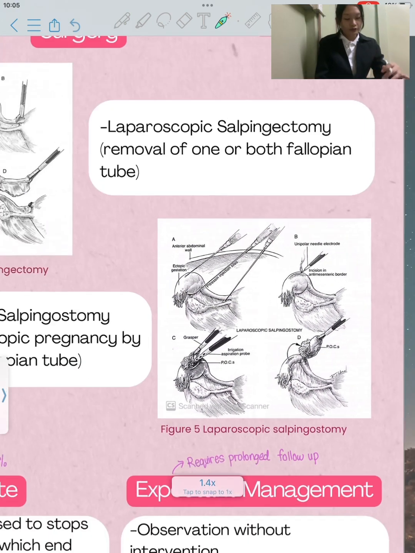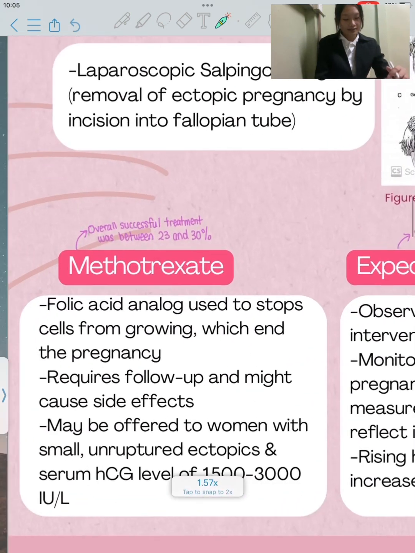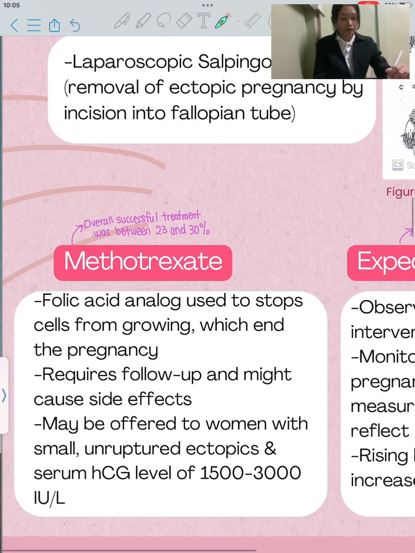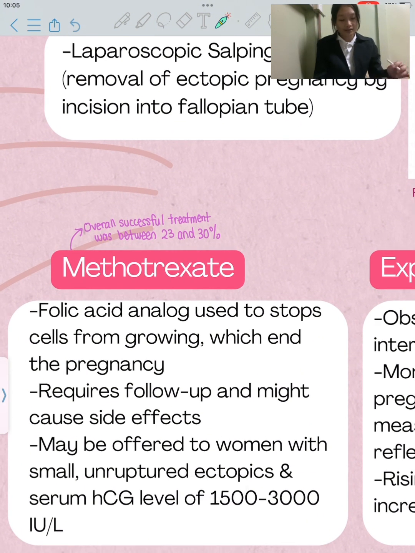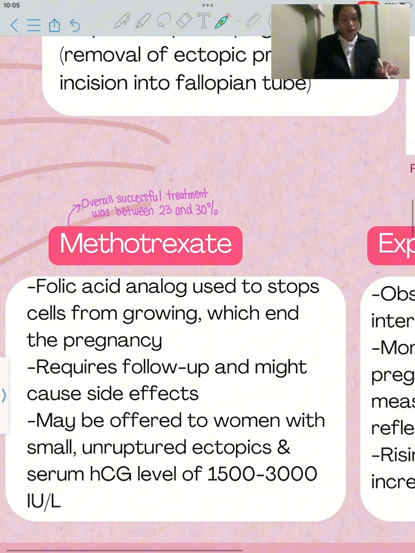Methotrexate has a success rate of 23 to 30%. It is a medication, a folic acid analog, used to stop cells from growing, which then ends the pregnancy. But it requires follow-up and might cause side effects. That's why it is only offered to women with small unruptured ectopics and serum HCG level of 1,500 to 3,000 international unit per liter.